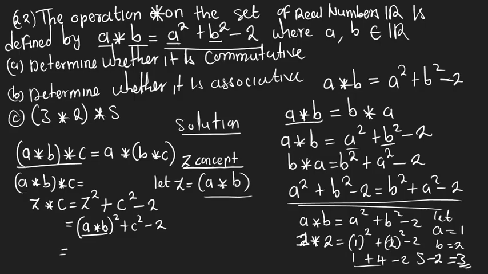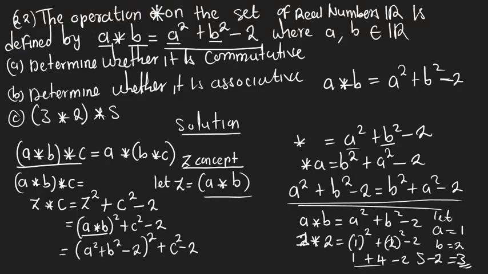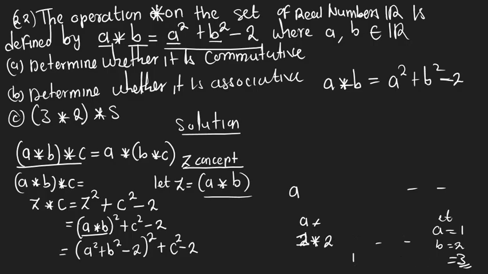So this can also be written as A power 2 plus B power 2 minus 2 to the power 2 plus C to the power 2 minus 2. Okay, let me just wrap my board. I show you what is going to happen there.